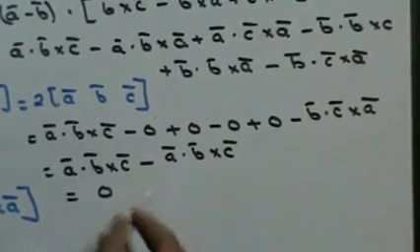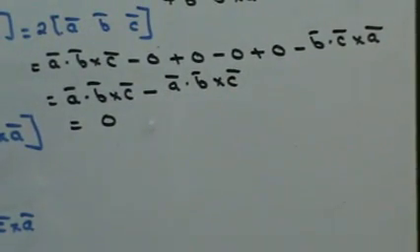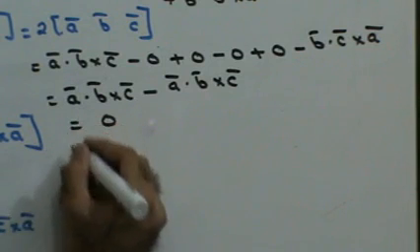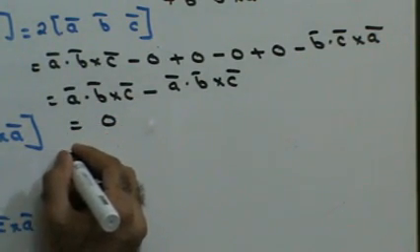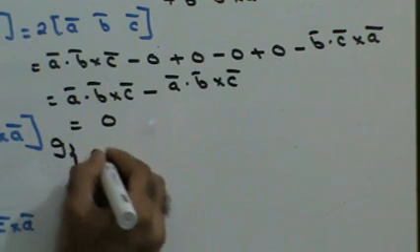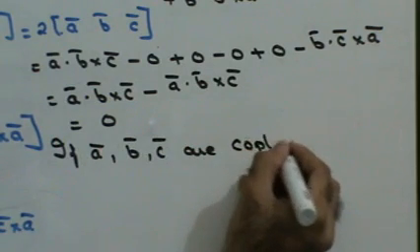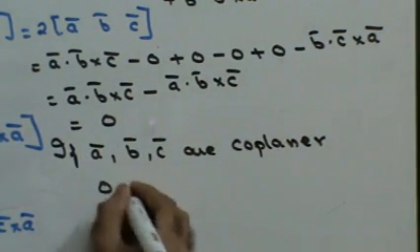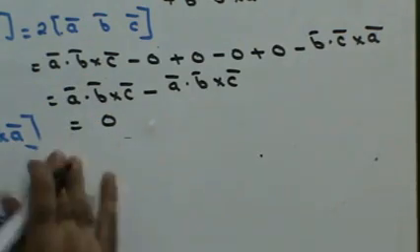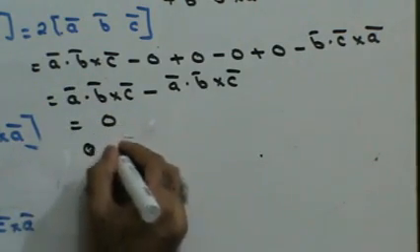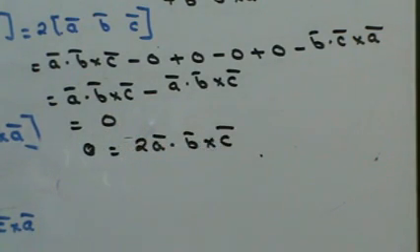Now, they have given me the statement, and I found the left hand side of the statement to be 0. Therefore, if a vector, b vector, c vector are coplanar, 0 should be equal to 2 a vector dot b vector cross c vector.